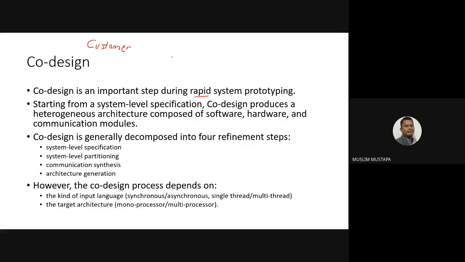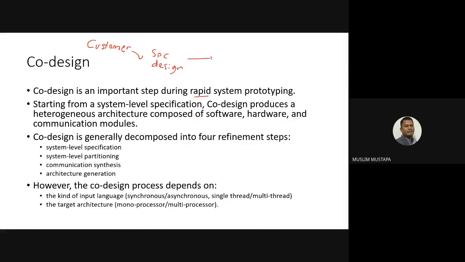Because from the customer spec demand, what they want, let's say for a TV, they specify what the inputs and outputs they need, what the specification is, the timing requirements that need to be met. When they give it to the SoC design company, they need to produce a plan.